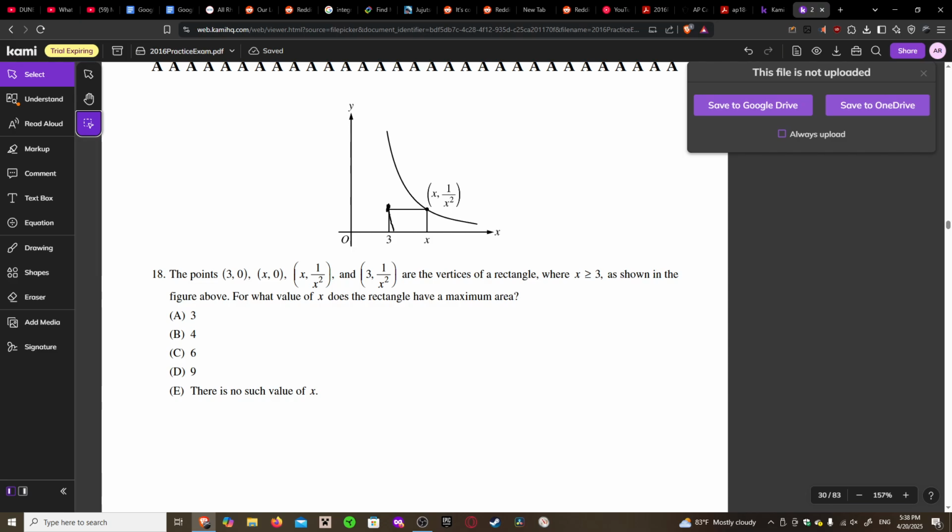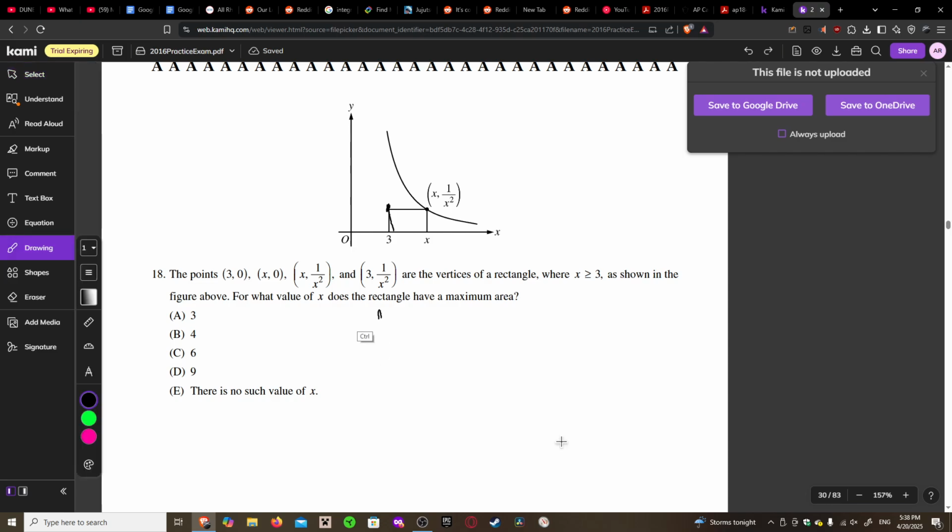Optimization. Does the max have the maximum area? Oh wait, I could just plug it into the... I'm stupid. Okay, so that's 1/9.